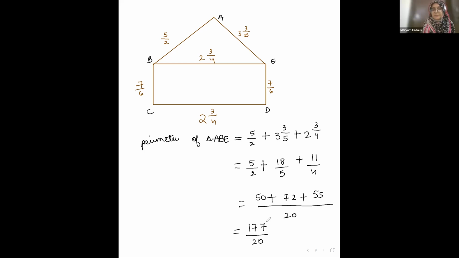What is your answer? 177 by 20. Okay. Let's change that to a mixed fraction. Next fraction.